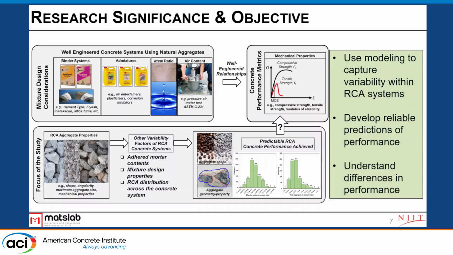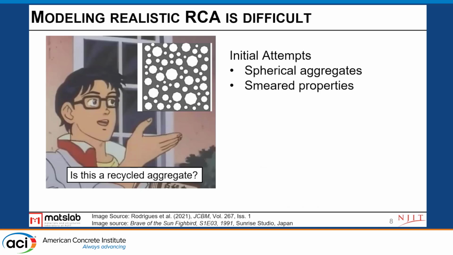So when you start looking at modeling though, most systems for concrete, a lot of them are starting with spherical aggregates, right? So shape is not considered. They're smeared properties, so the entire aggregate has one property assigned to it. We know with RCA that's different.